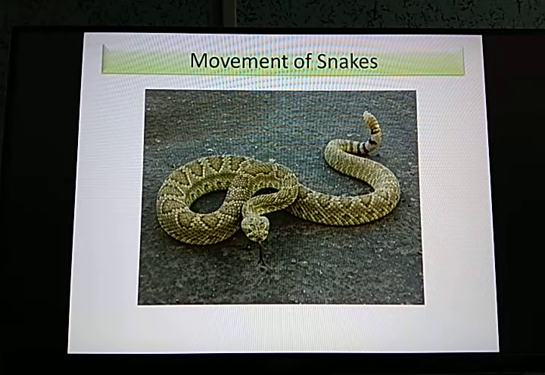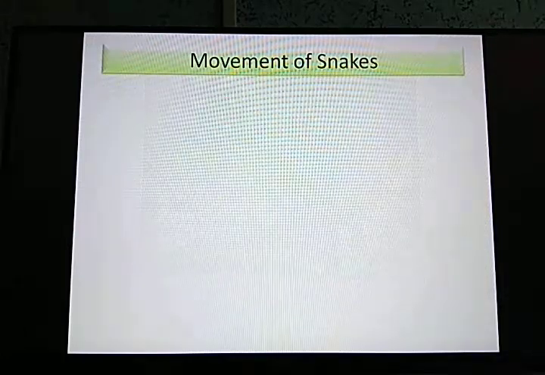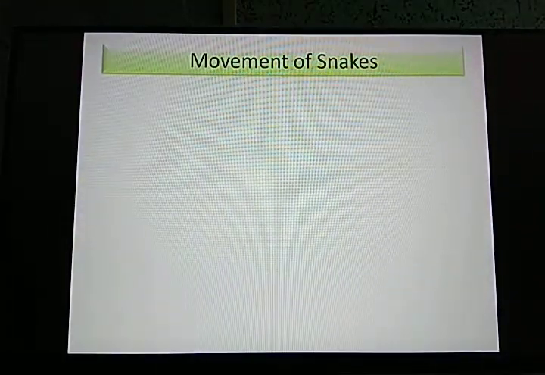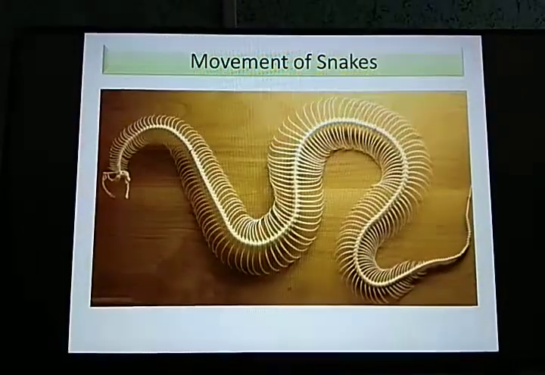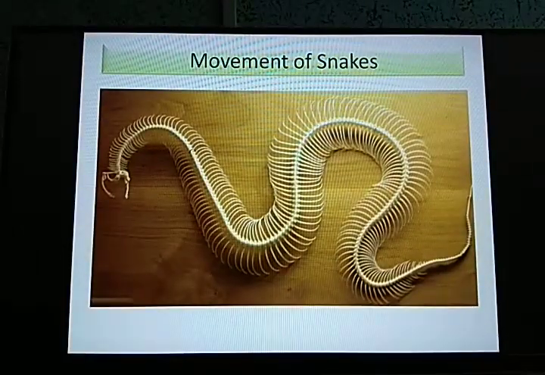But before going to the movement of the snakes, let us first of all discuss the body structure of the snakes. So let us see the skeleton of the snake. As you can see, this is the skeleton of a snake. The snakes have a long backbone.